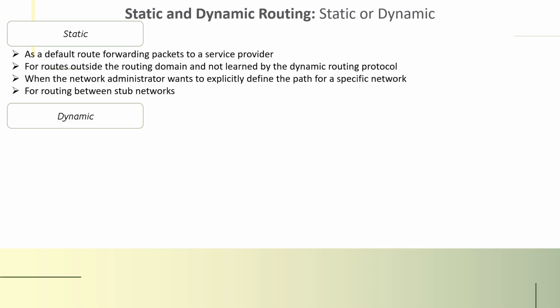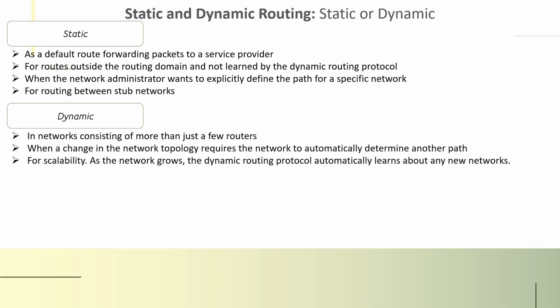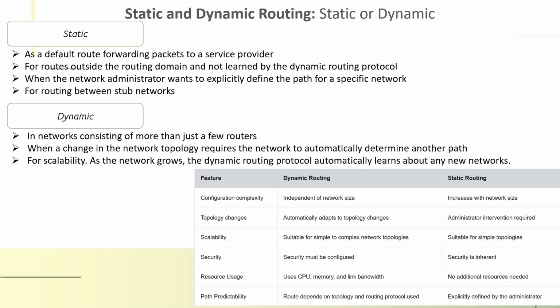When a change in the network topology requires the network to automatically determine another path, or for scalability as the network grows, the dynamic routing protocol automatically learns about new networks. Here in this table, we have a comparison of some differences between dynamic and static routing.